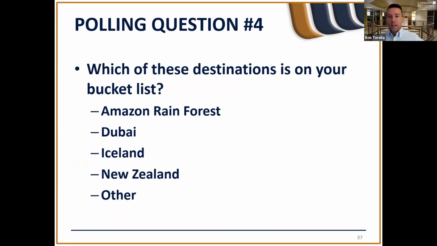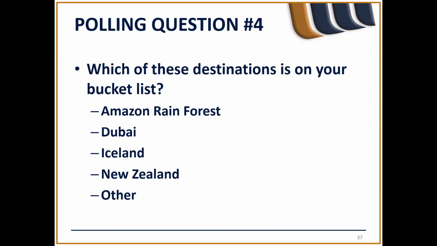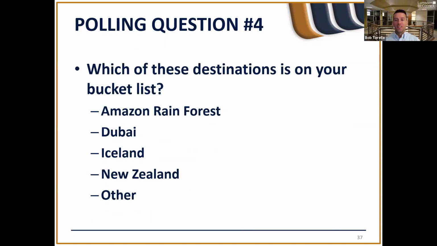All right, so I think we have our final polling question here. Which of these destinations is on your bucket list? Amazon rainforest, Dubai, Iceland, New Zealand, or other? I Googled exotic vacations and this is what came up. So for me, it's a definite other. Yeah, I would agree.